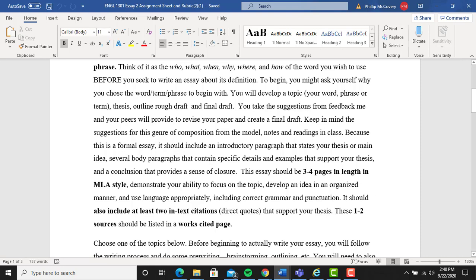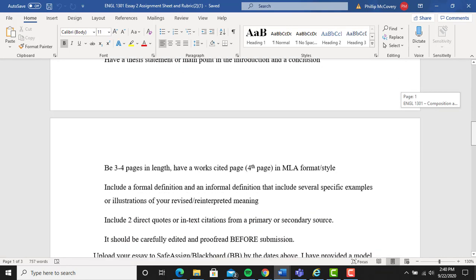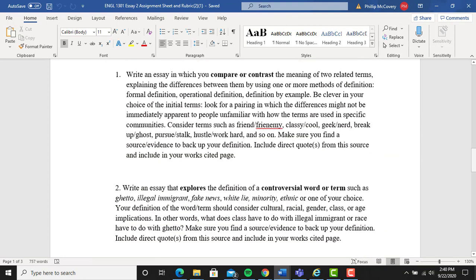So, for example, if you look at the 2 choices, right? The first choice in topics asks you to compare and contrast 2 related terms. So, for example, let's say you want to use the word hustle or hard work. So I'm asking you to define these 2 words, right?